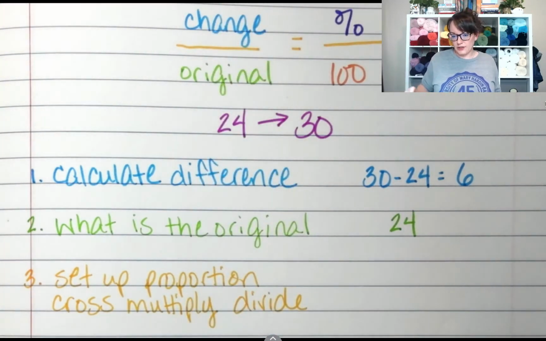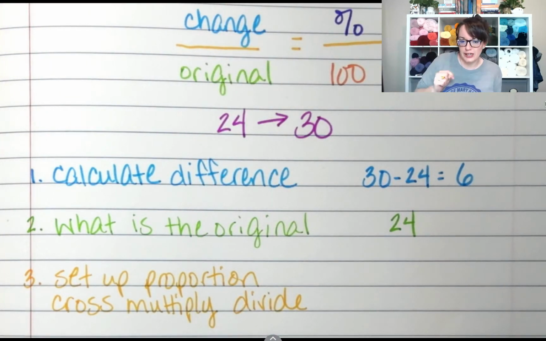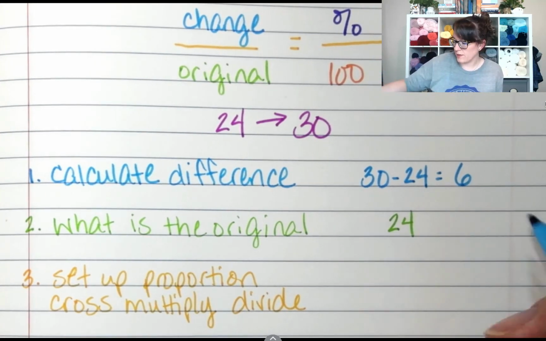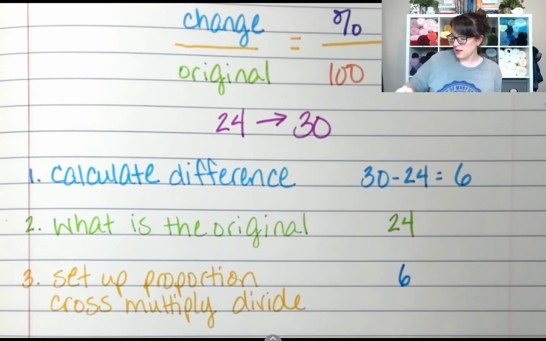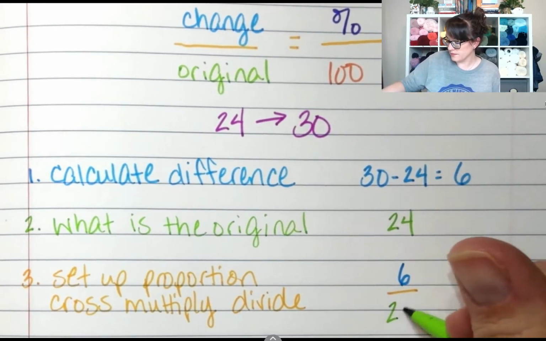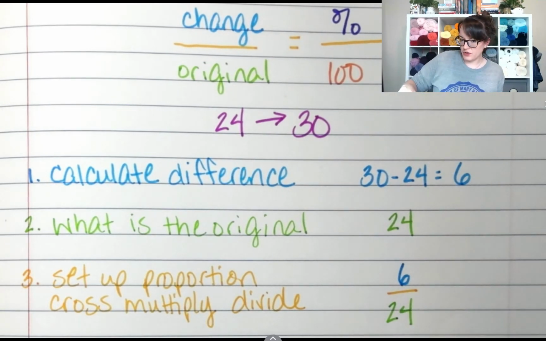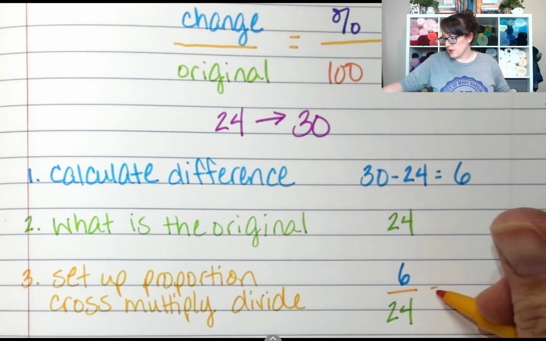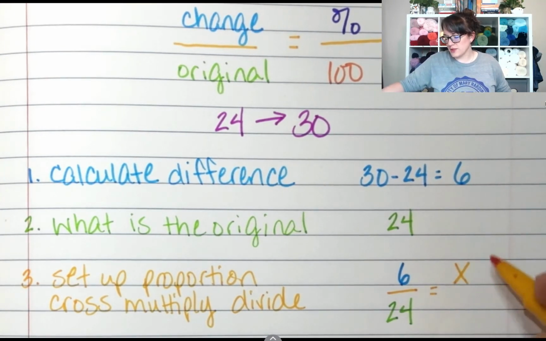The change was 6, from step one. The original was 24. Now here's a tricky part: does it tell you the percent? No, so that's going to be x, over 100.